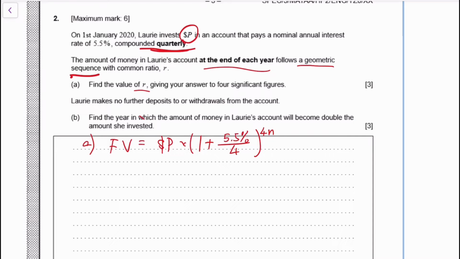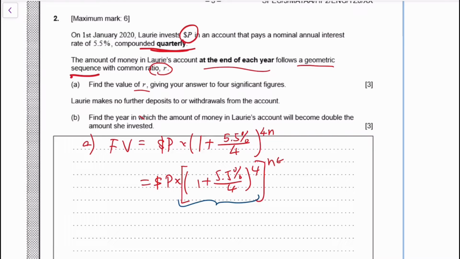So the question is, what would be the common ratio when you go from one year to another year? So the common ratio would basically be this, because for the first year n will be 1, and then for the next year n will be 2, 3, and so on. So that's the same as saying for every consecutive year you would multiply the amount you get from last year by this thing, and that by definition is the common ratio.